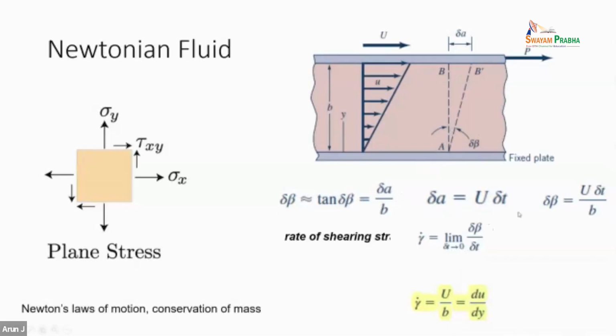So we care about the rate of change, the small angle divided by time. That is the rate of shearing strain, and we write it as gamma dot, which is velocity divided by B.